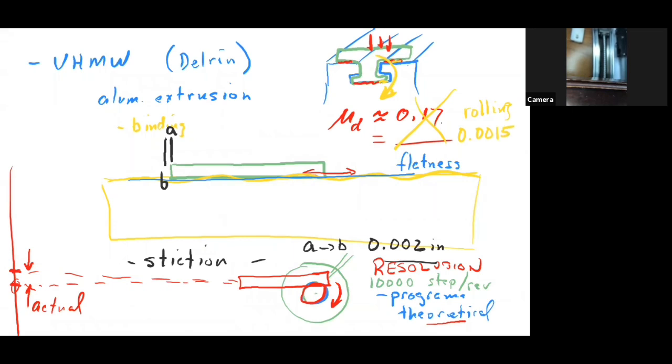So this is sliding, is 0.17, rolling a ball bearing is tiny.